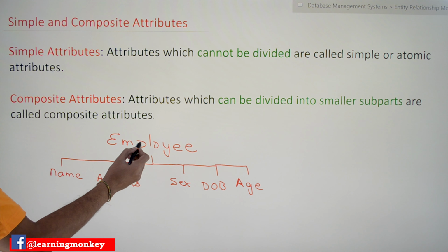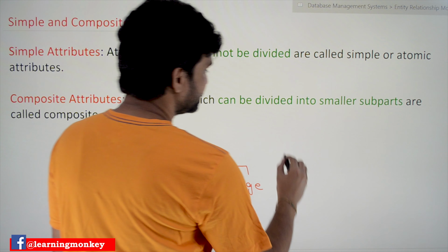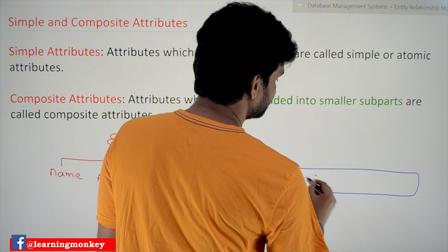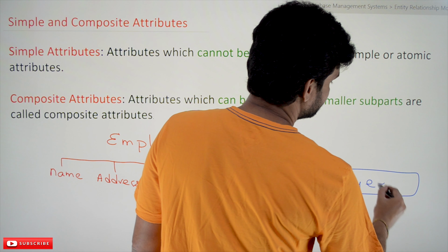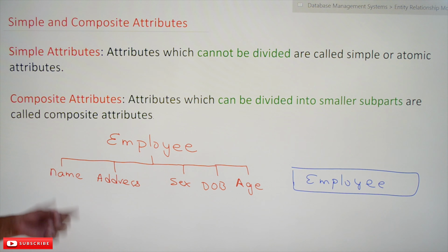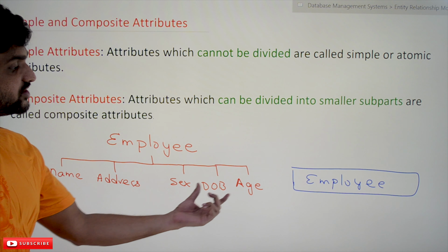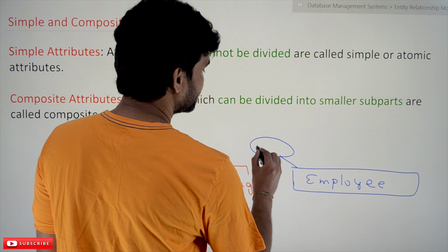Here the entity type is an employee. As we have discussed, the entity types are represented in rectangular shape with the name described within it, and the attributes are name, address, sex, date of birth and age.